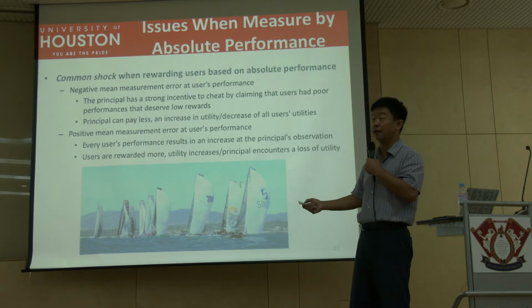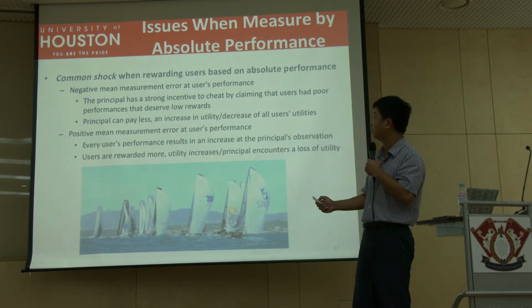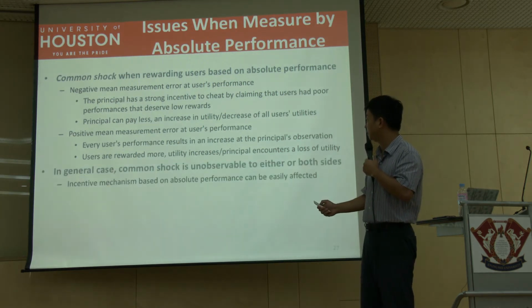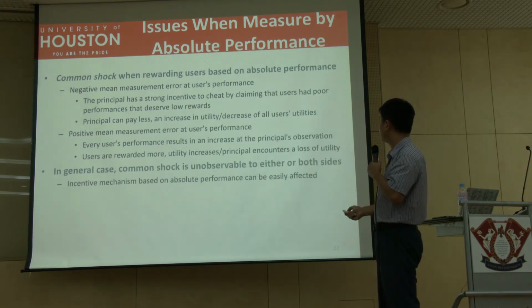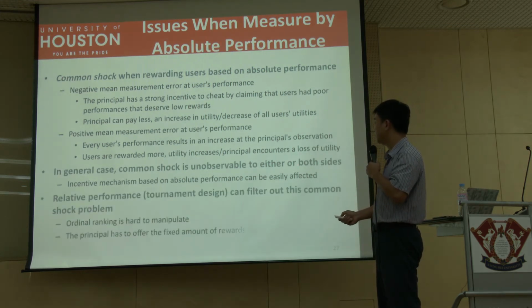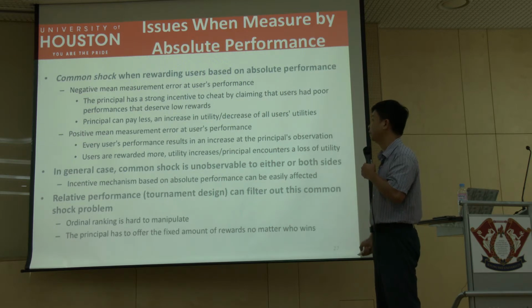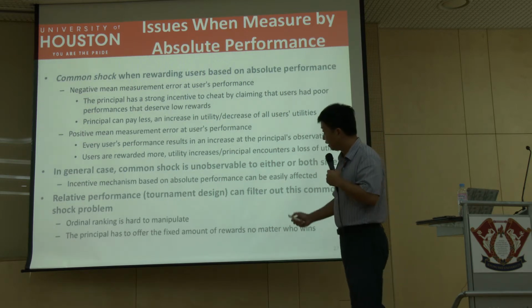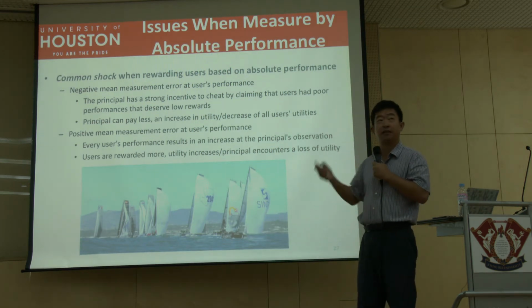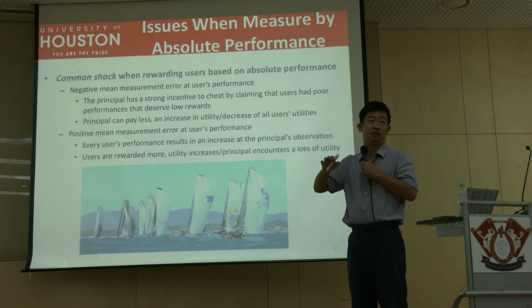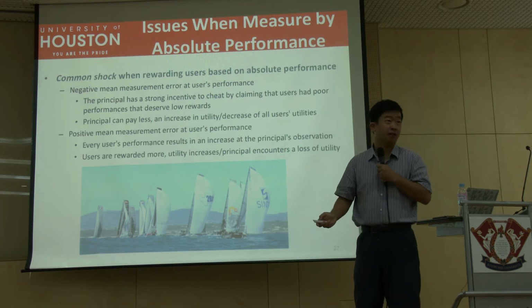Then I will talk about this one. In this case, the common shock is unobservable to both sides. So basically, we have this kind of tournament design. When we have a tournament design, everybody is in the right wind, but still somebody will win, right?